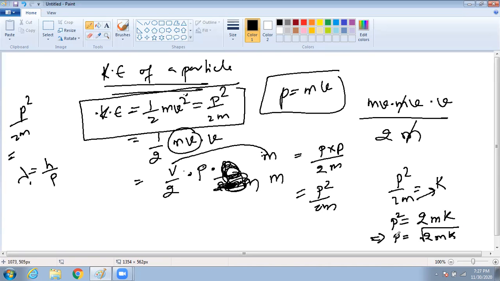Can I write? Then here, can I substitute 2mk instead of p? This is a new formula for lambda. If you have the kinetic energy and the mass given, you can find out lambda. Okay, great. Write down, note down.